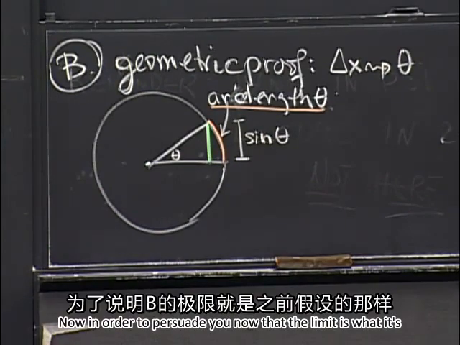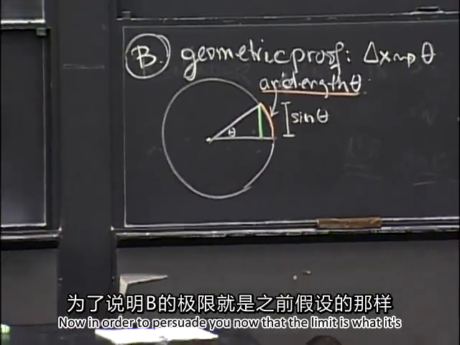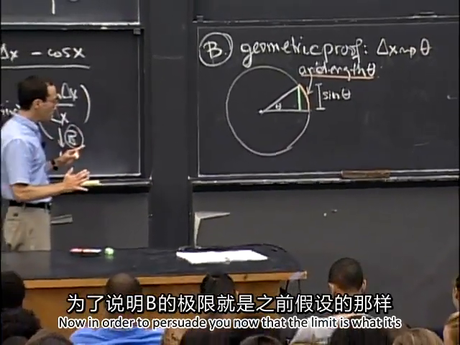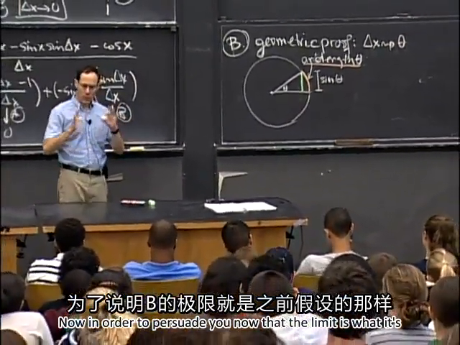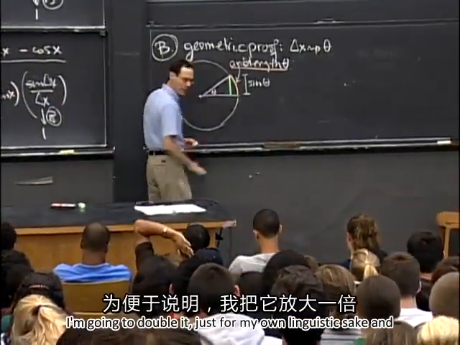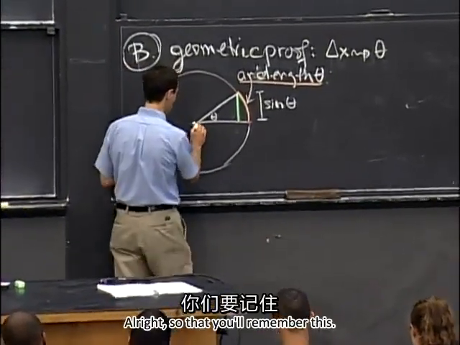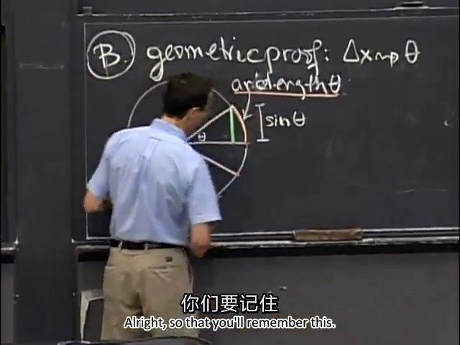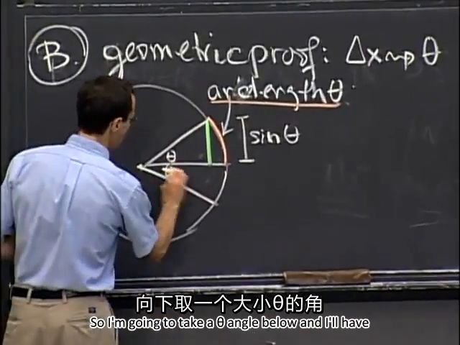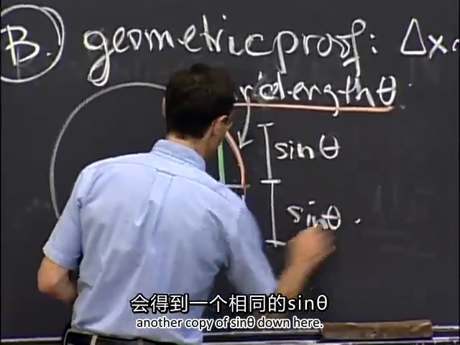Now, in order to persuade you that the limit is what it's supposed to be, I'm going to extend the picture just a little bit. I'm going to double it just for my own linguistic sake and so that I can tell you a story, all right, so that you'll remember this. So I'm going to take a theta angle below, and I'll have another copy of sine theta down here.